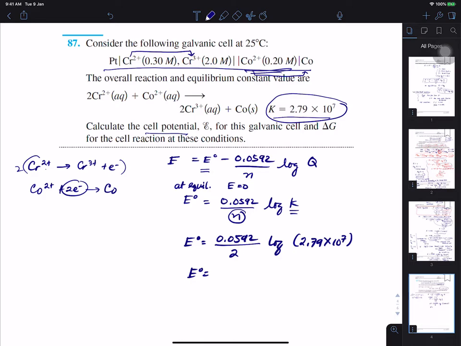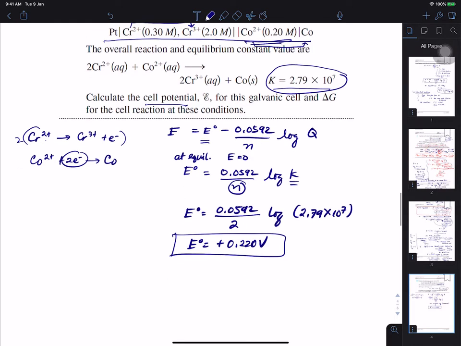It gives me an E naught of positive 0.220 volts. Okay, let me just check that again. 2.79 times 10 to the 7th, we take the logarithm of that number times 0.0592 divided by 2. Yes, that's the value, 0.22 volts.